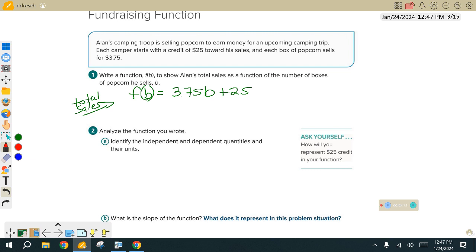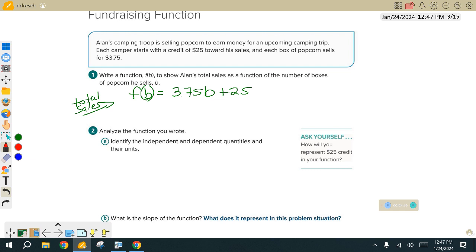Right? Now, from there, let's come back around and talk about things that we talked about first semester. You're making money by selling boxes. We want to identify the independent and dependent quantities, which we talked about as one of the very first things back in August. So we're talking about the sales and the boxes sold. Which one is the independent? Which one is the dependent?